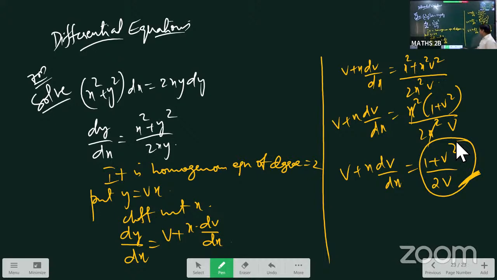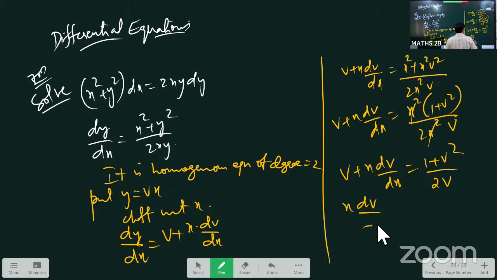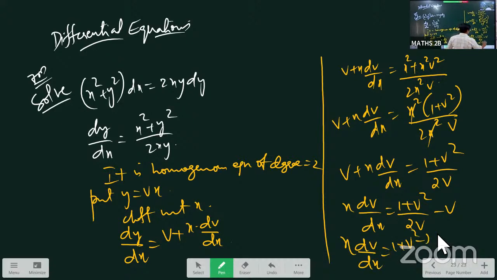Okay. Now, next step: x dv by dx is equal to (1 plus v square) by 2v minus v. You bring it to that side. Then x dv by dx is equal to (1 plus v square minus 2v square) by 2v. What I'm going to get here? (1 minus v square) by 2v.